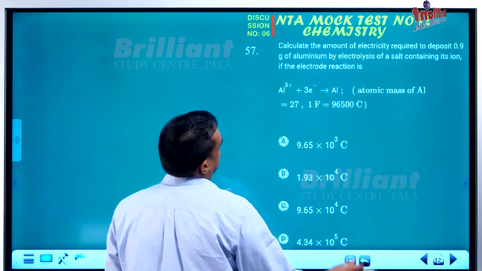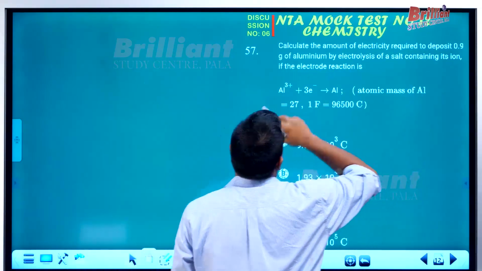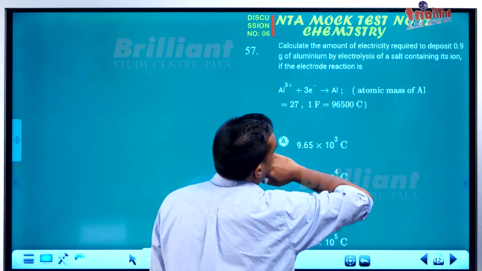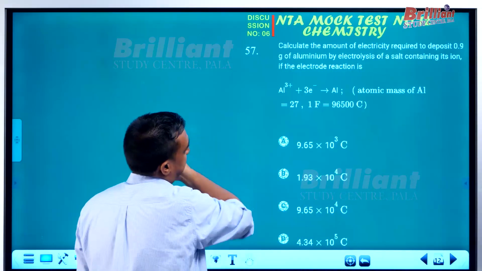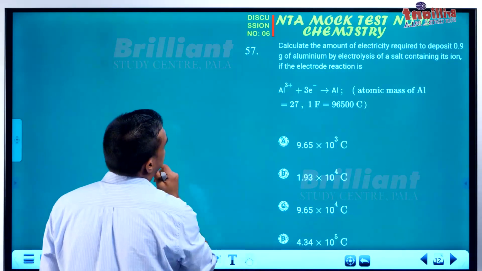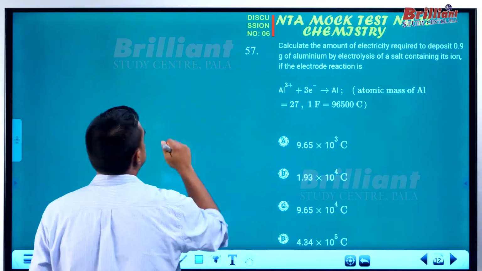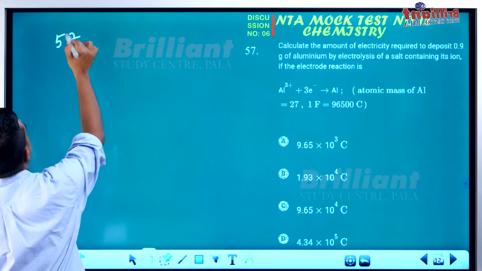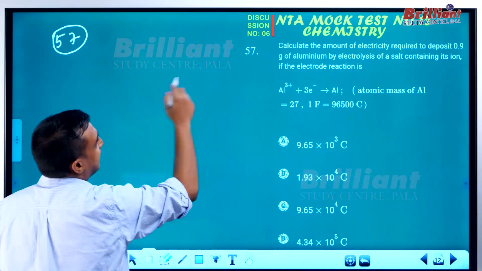Calculate the amount of electricity required to deposit 0.9 gram of aluminium by electrolysis of a salt containing its ion, if the electrode reaction is Al3+ plus 3 electrons becomes Al. Now for question number 57, 0.9 gram.